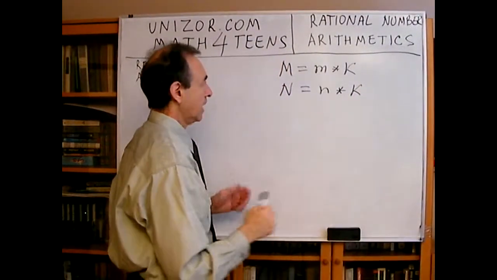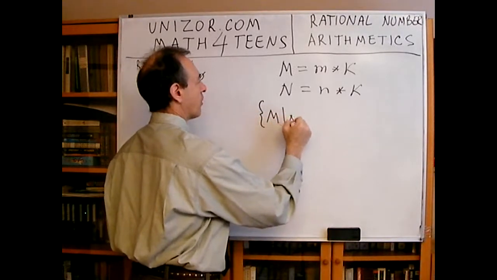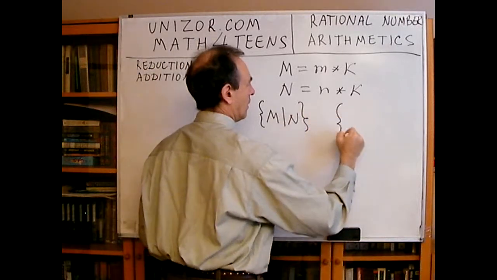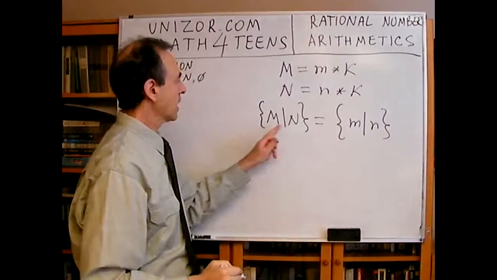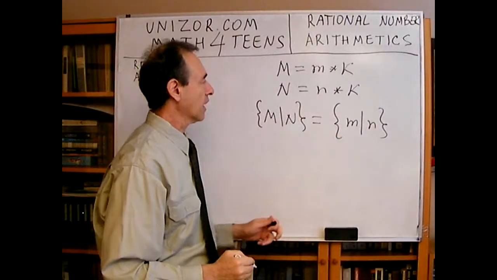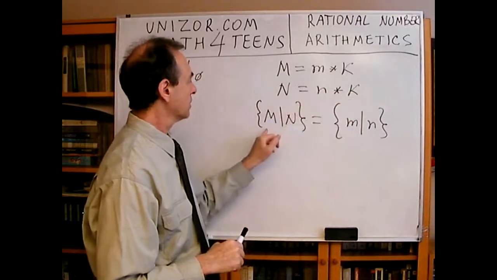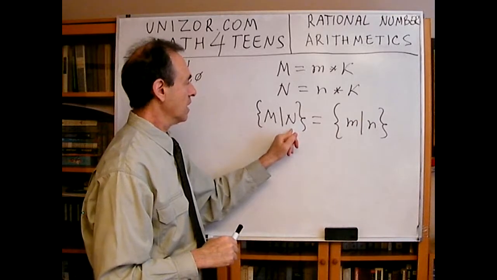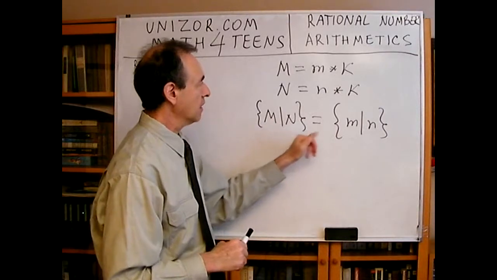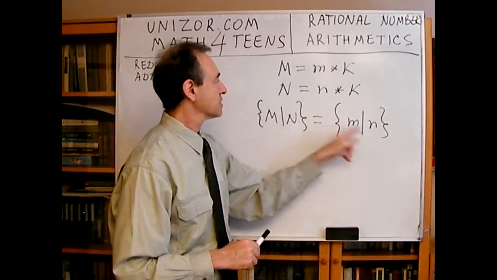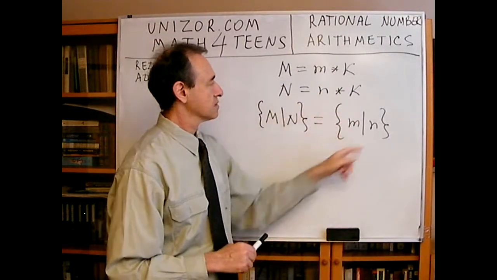To do that, I actually have to prove that the rational numbers uppercase M over N and lowercase m over n are exactly the same. So if k is a common factor in both numerator and denominator, then I can reduce by k, and what's left is the result of the division, capital M by k, which is m, and capital N by k, which is lowercase n.